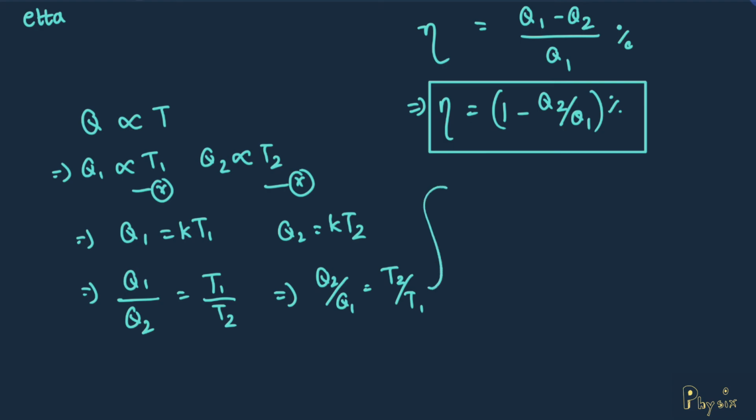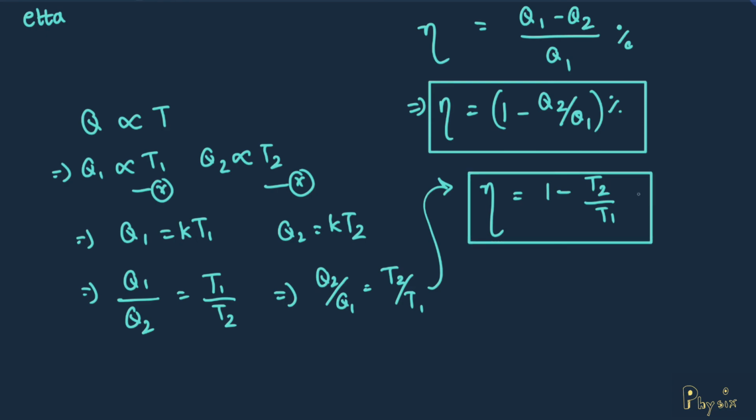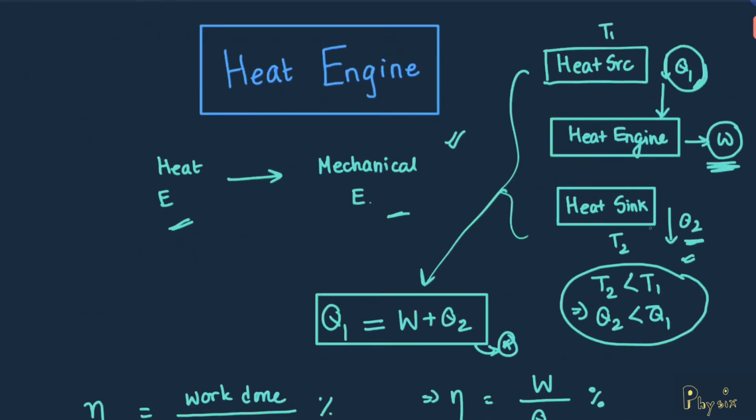And if we plug this thing over here, we could say that the efficiency is basically 1 minus T2 over T1. And of course, don't forget to put the percentage sign over here. What does this actually mean? T2 over here is basically what? The temperature of the heat sink, right?